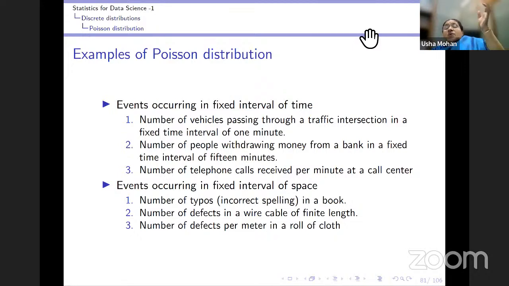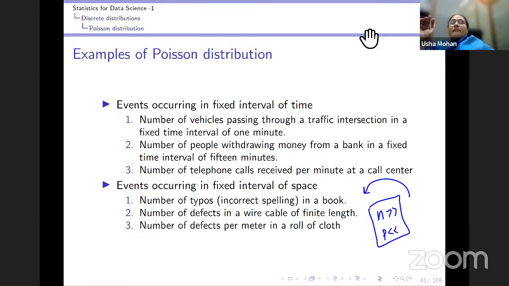So my n is very, very large and my p is very, very small. Instead of looking at it as n discrete events, I can talk about it as an interval of space or interval of time. Does that make sense?